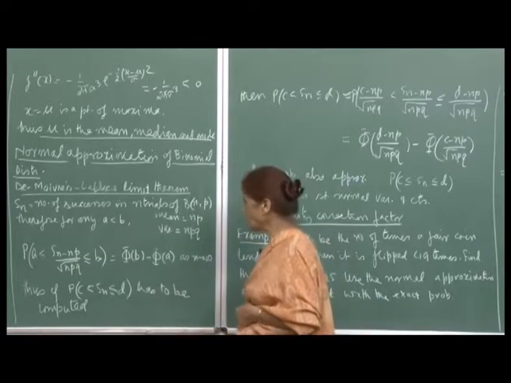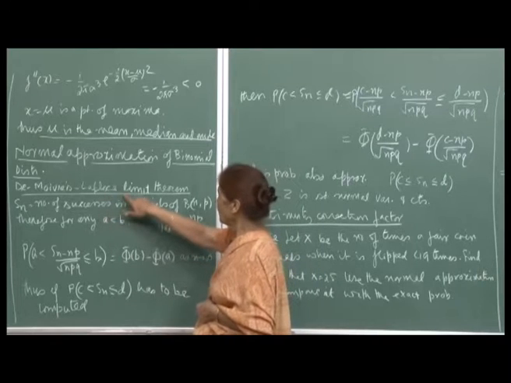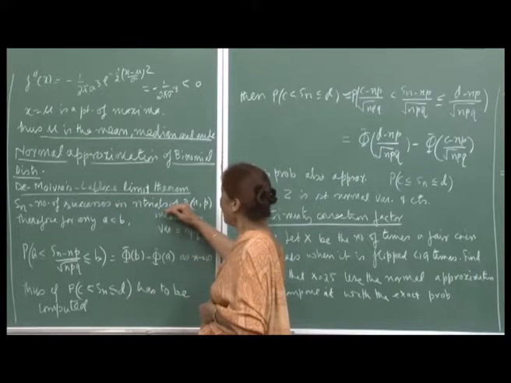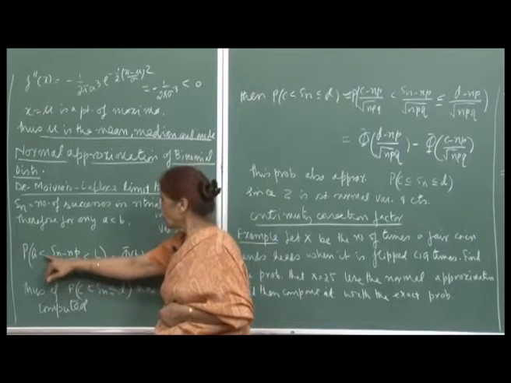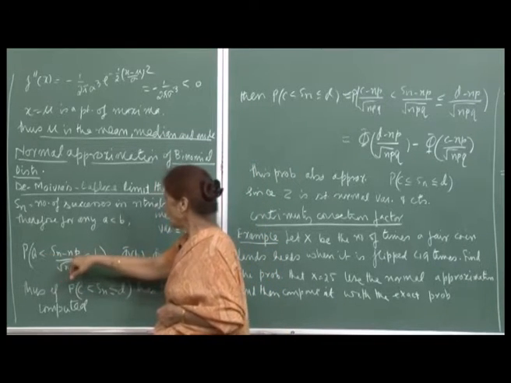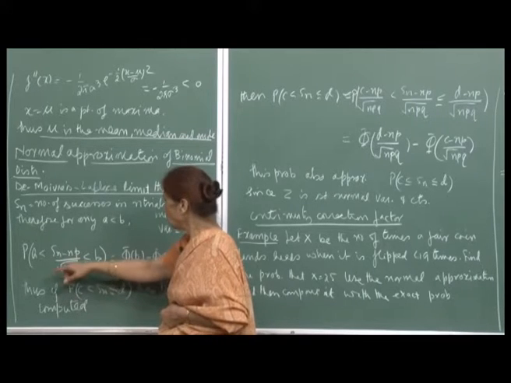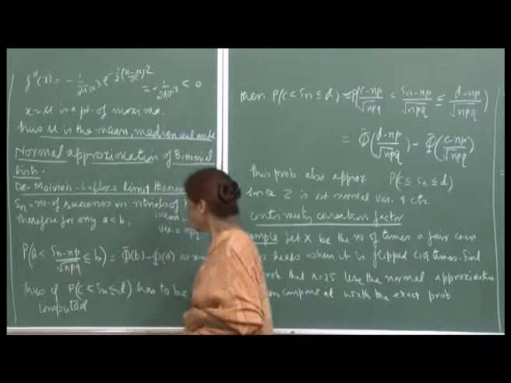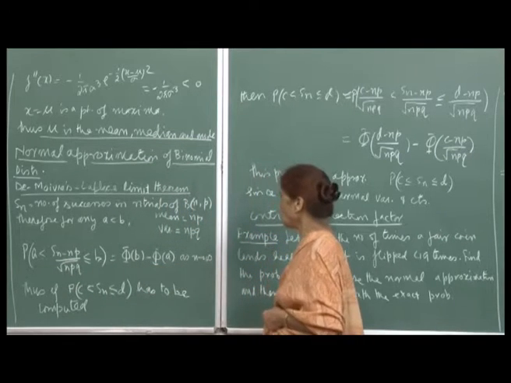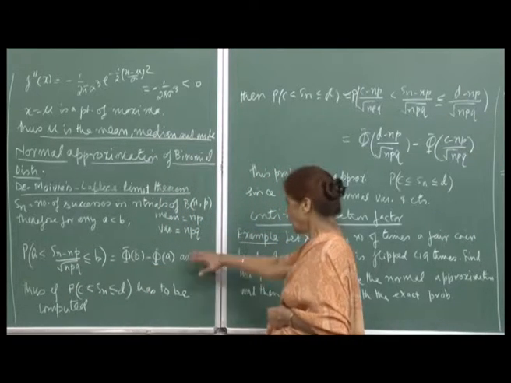We will talk about it later, but right now de Moivre's Laplace limit theorem simply says that if you have a binomial random variable and you want to compute the probability that (S n minus n p) upon under root n p q lies between a and b, with a strictly less than this, then it can be approximated by phi b minus phi a. This is the Laplace theorem.